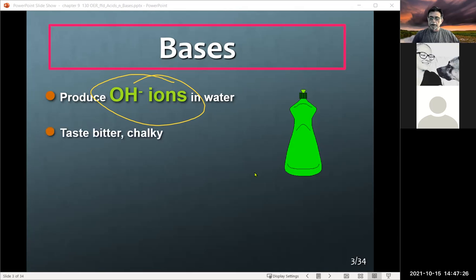In solid form, I wouldn't taste it, but they do taste bitter and are kind of chalky. And if you ever get some on your finger, they feel slimy. If you ever had liquid plumber on your finger, used at home to unclog your drains, it's slimy.